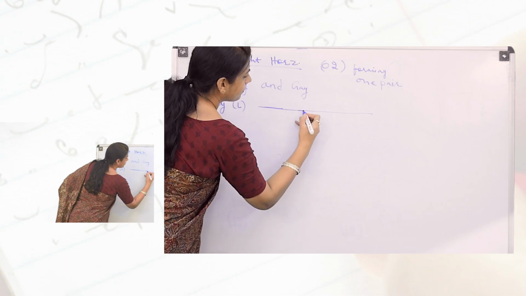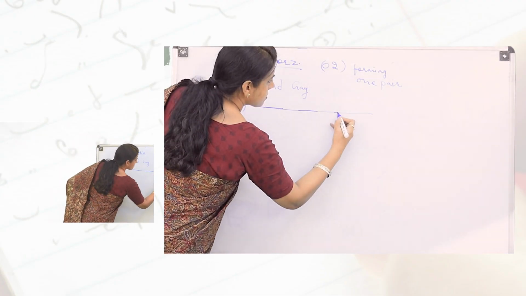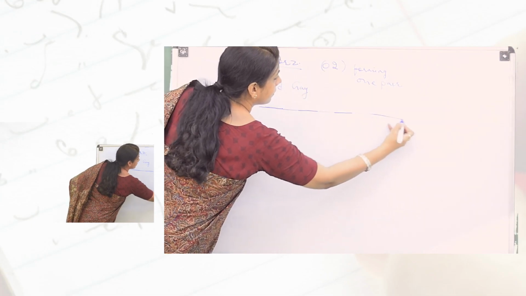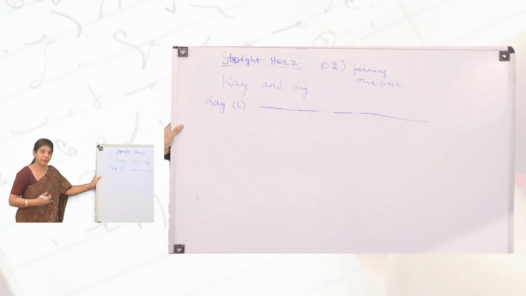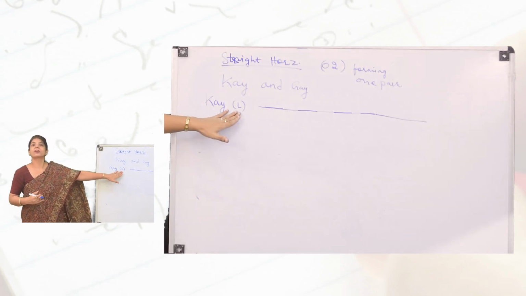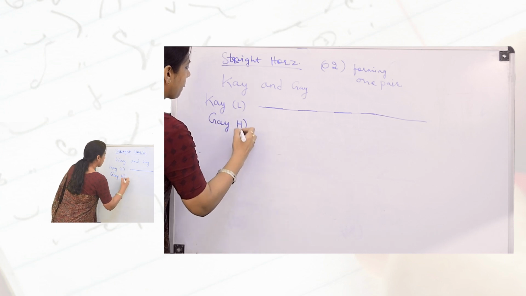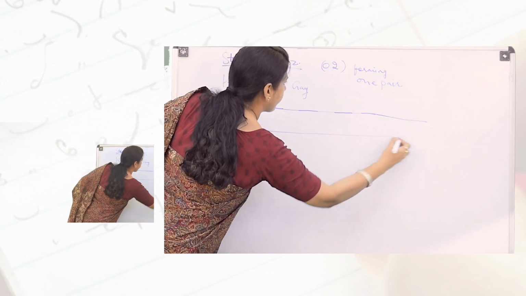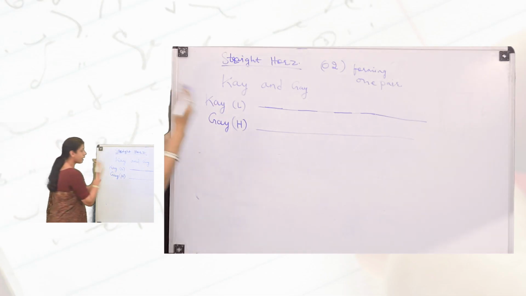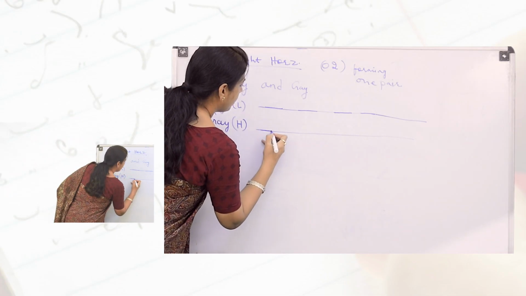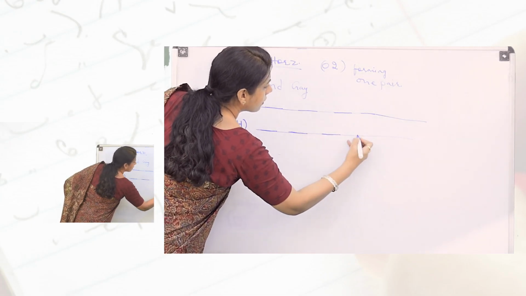See again, a straight line from left to right on the line is a sign which we use for K. Now moving to the darker consonant, that is Gay, the same outline, but it has to be written with a darker sign.